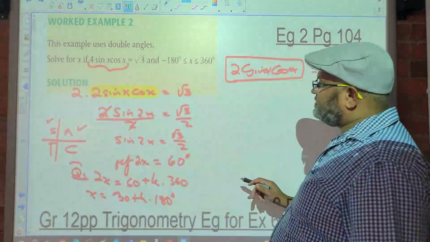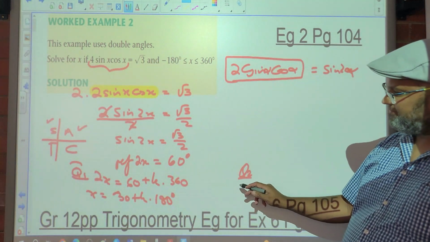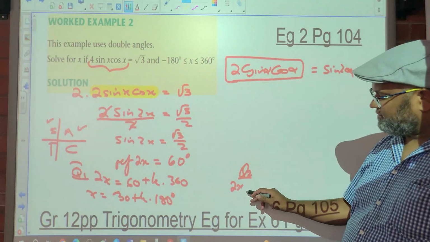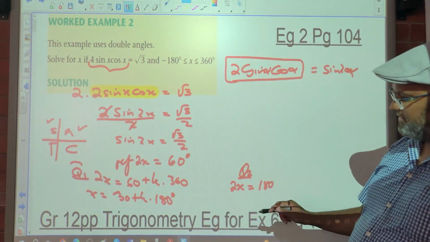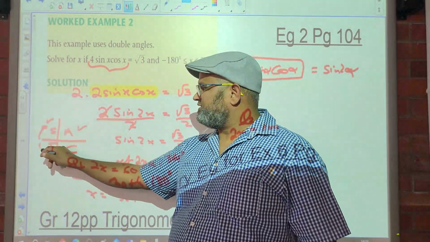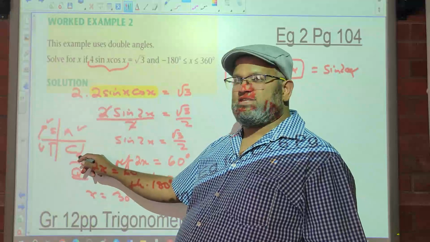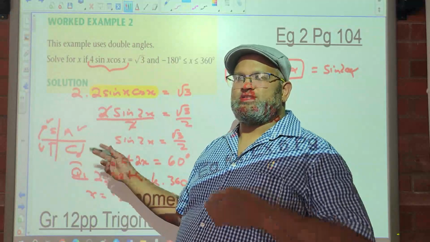Are we going to quadrant 2? 180 minus. So it's going to be 2x is equal to, okay, for those of you who are confused: quadrant 2 is 180 minus, quadrant 3 is 180 plus, quadrant 4 is 360 minus. If we have a choice, that's what we do.